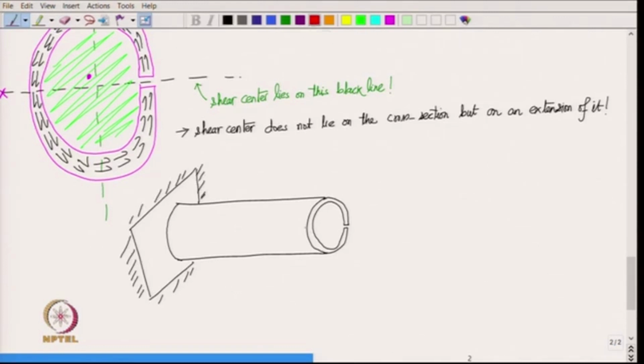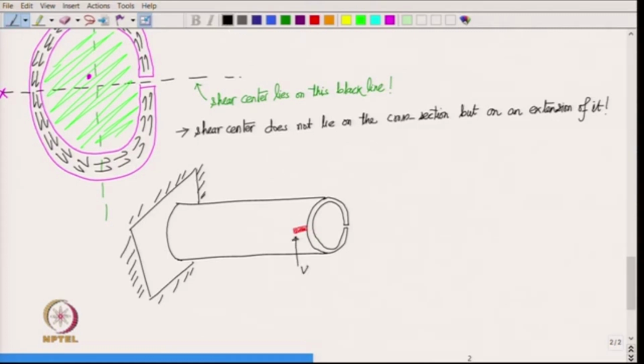then we have to actually have an extension of the cross section somewhere here. So, we have to maybe weld a small rod in the cross section somewhere here, and then apply the force at the shear center.